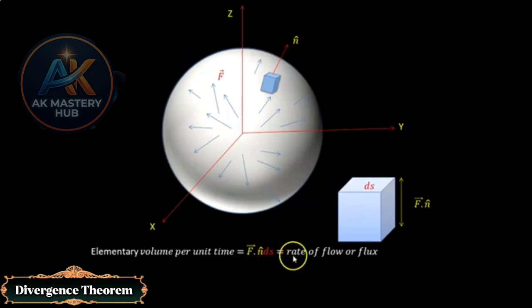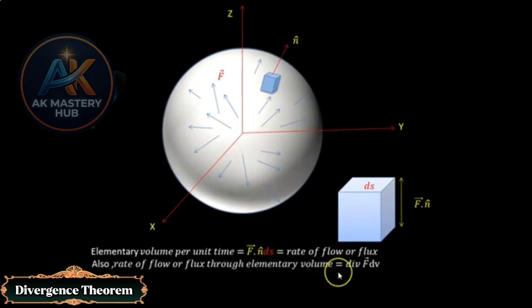And this is nothing but the rate of flow or flux. We also know that the rate of flux or flow is given by the divergence of the vector function f within that volume dV. Therefore, we can write f dot n cap dS is equal to divergence f dV.